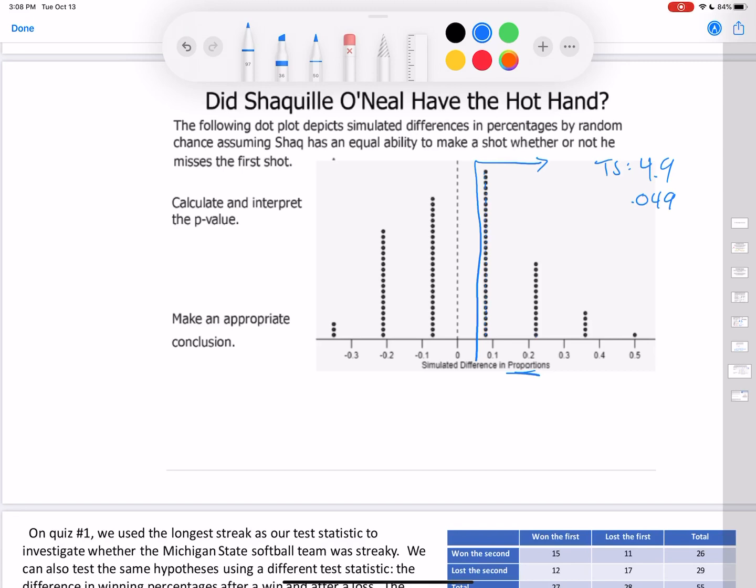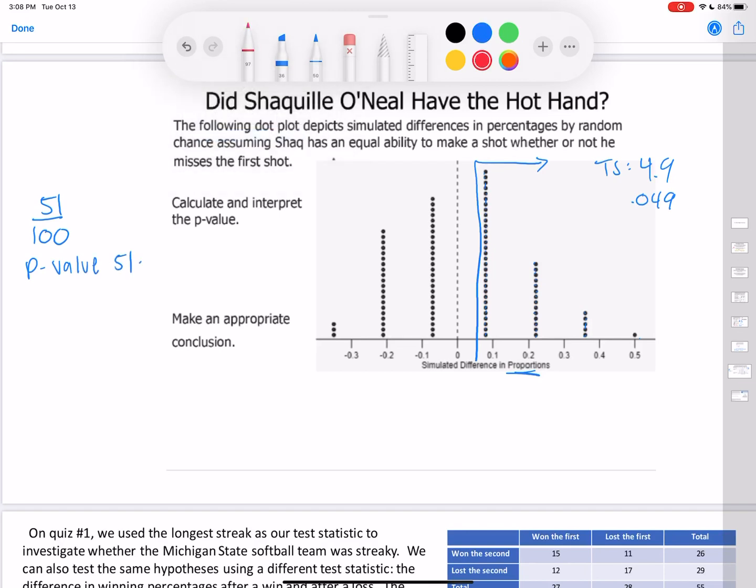A lot of dots. So there's 51 dots out of 100 total dots. So our p-value is 51%.